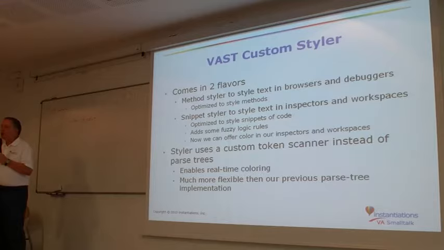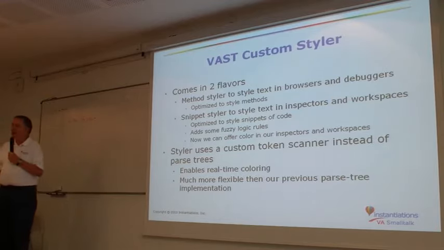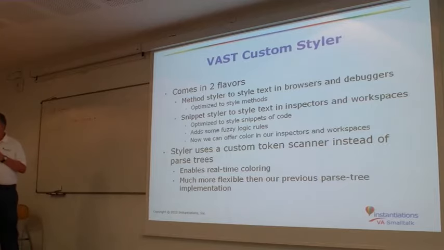So we use fuzzy logic rules when we're parsing the contents of a workspace or an inspector, and more formal rules when we're parsing the contents of a method. We also have custom scanning that we use instead of the parser because it's faster and it provides enough information for the syntax coloring. So we don't really need a full parse tree to do syntax coloring. The more important thing is to do it fast and to do it accurately.